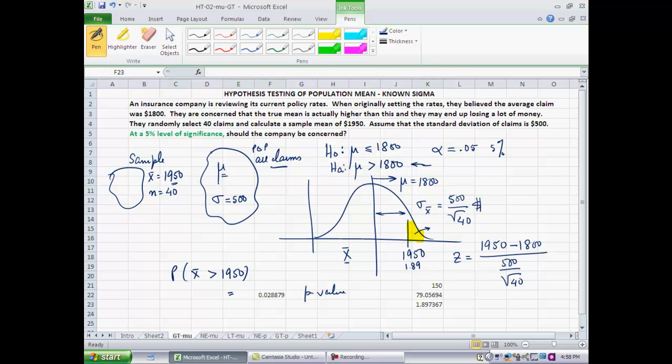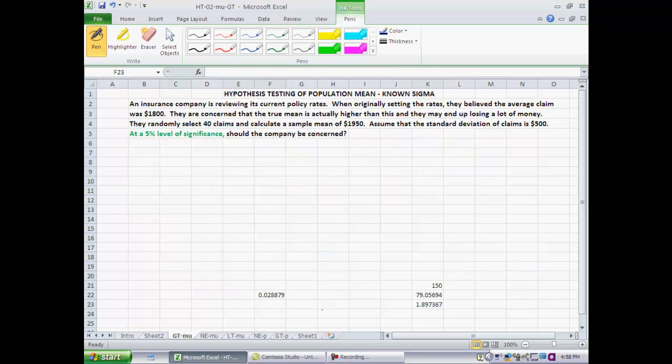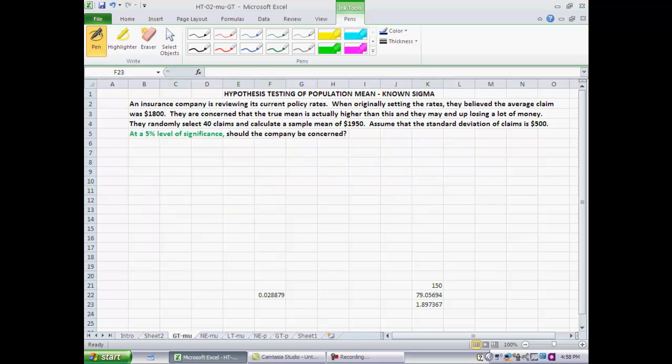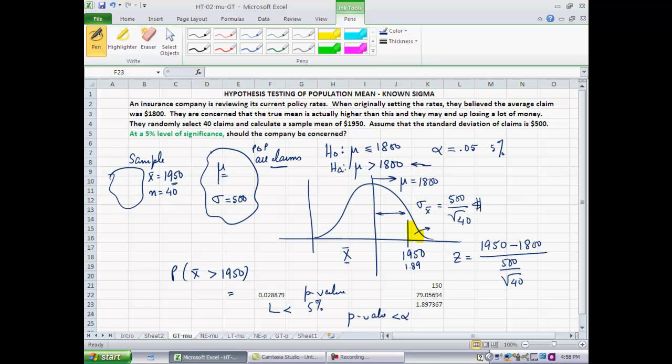Highly, highly unlikely. And notice, I am willing to accept a 5% chance of making the wrong call, or 5% chance of making a type 1 error. Since 2.8% is less than 5%, in other words, p-value is less than alpha, then this probability is less than the level of uncertainty I'm willing to accept in terms of making the call.